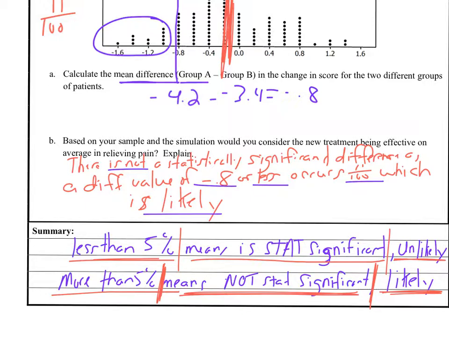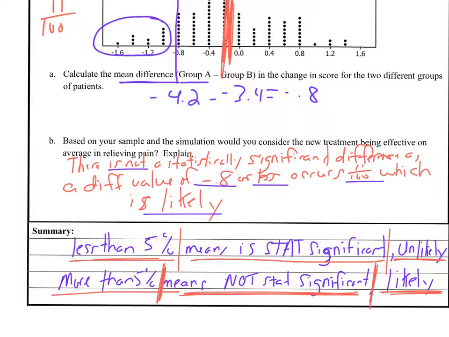And you do want to put those three together. So when we're filling in the blanks, first you figure out the fraction that we have up here, which was 11 out of 100. That is more than 5%, so we're going to write not significant, and we're going to write likely. Whether we put less or more all depends on whether we are to the left or to the right of the middle.